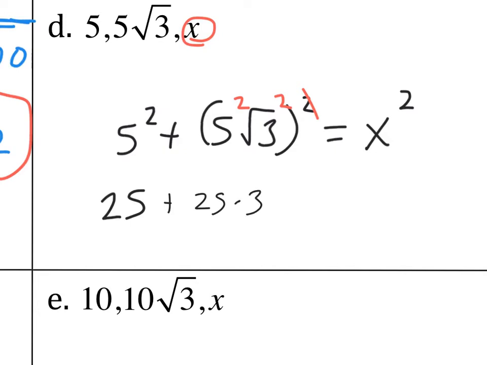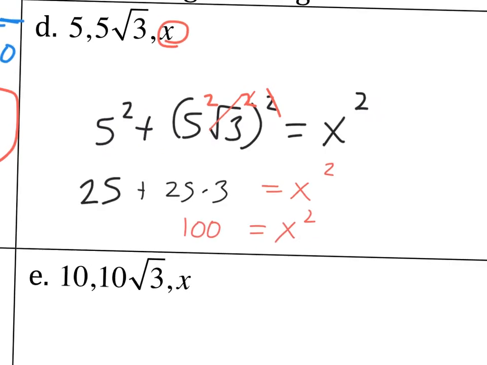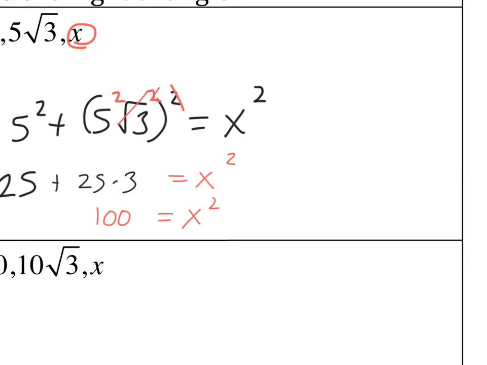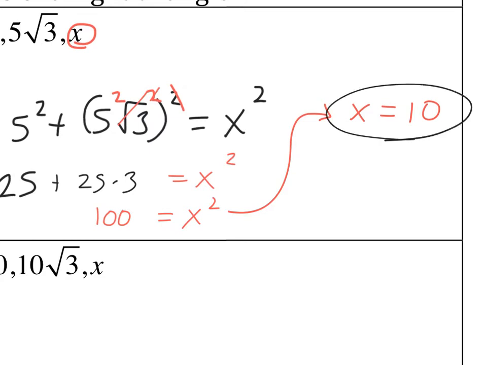Again, the radical annihilates the square there. Equals x squared. So I'm going to simplify all that to be 100, x squared, and then when we solve that, and keep only the positive, x is 10. So keep that in mind and see how it might relate to the other ones.